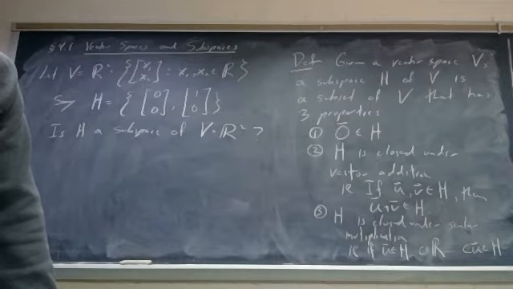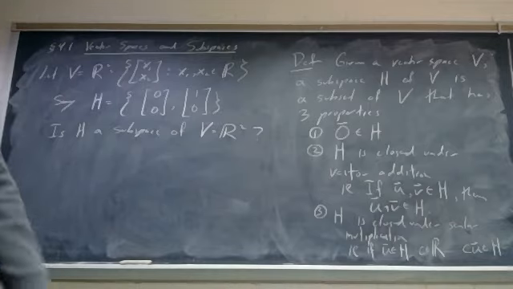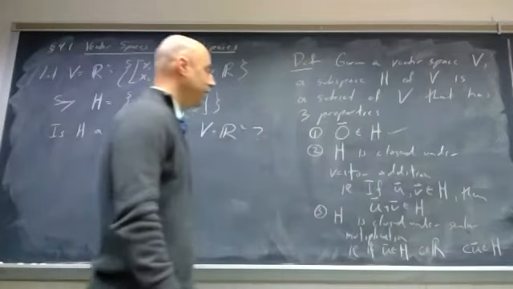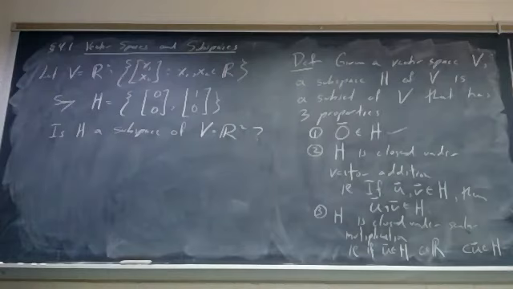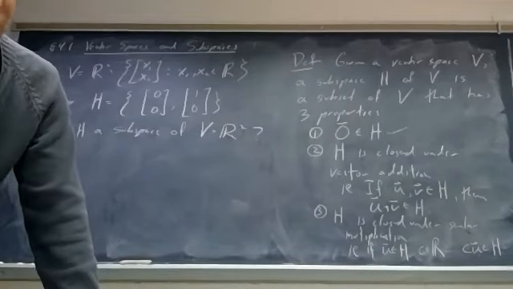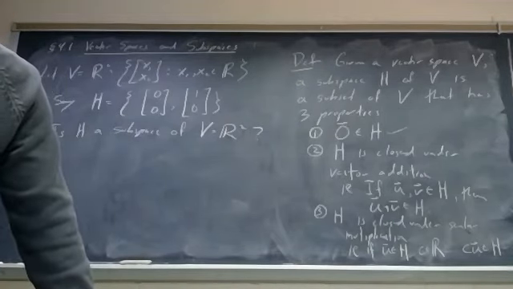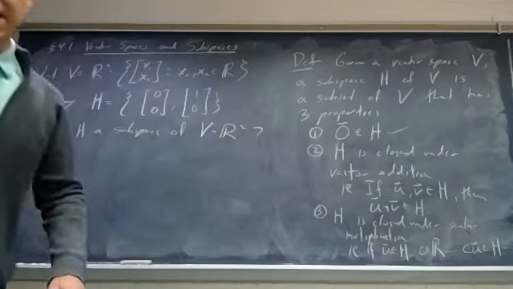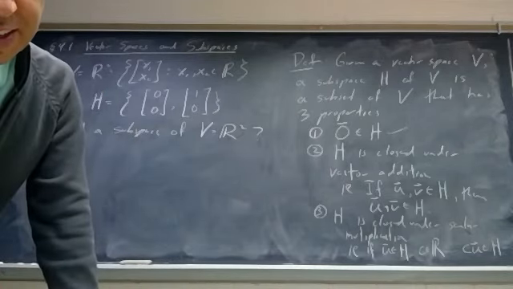Remember, three things have to be true. Certainly the 0 vector's in there. We took the 0 vector. Is it closed under vector addition? If I pick two elements in this set and add them, do I necessarily get an element in that set?